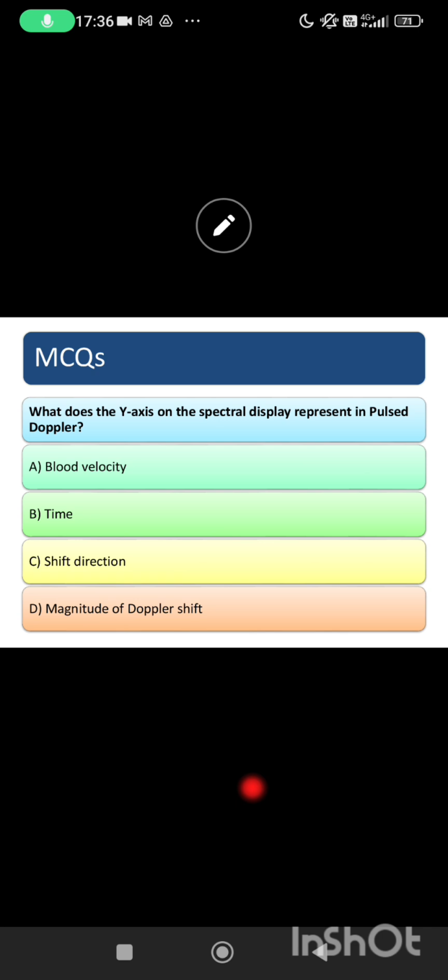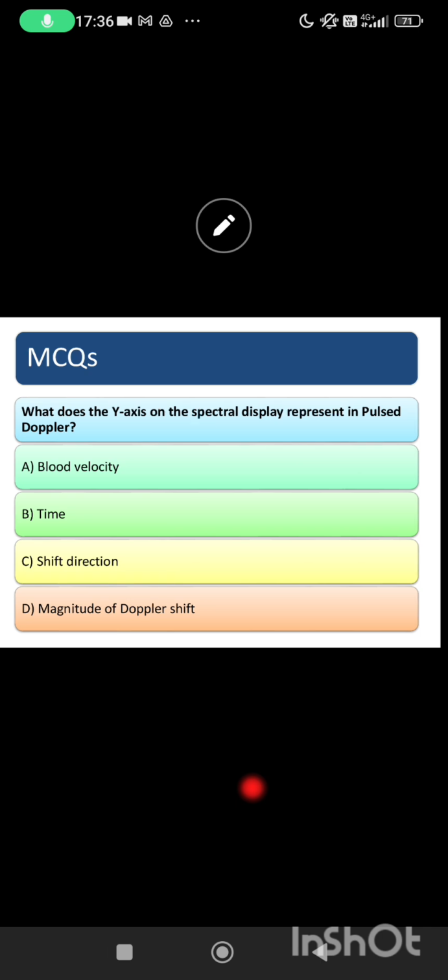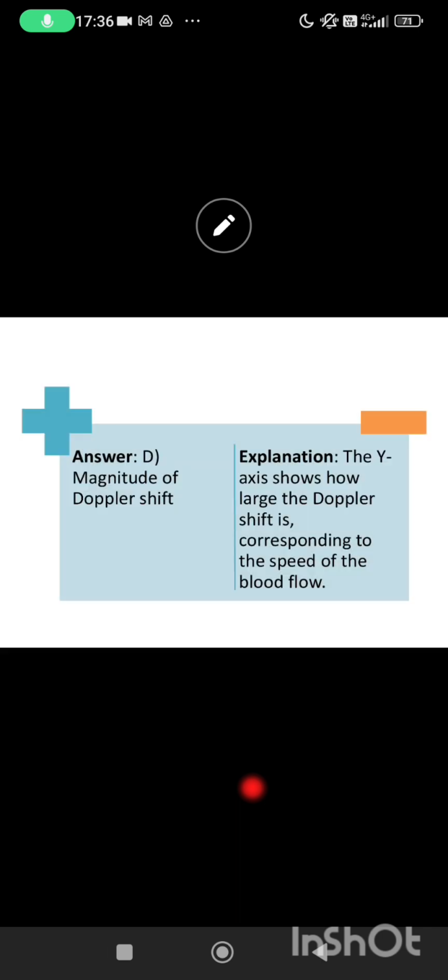So if there is magnitude of Doppler shift in our option, then we will pick magnitude of the Doppler shift. If there is only velocity in the option, then we will go with the velocity. Okay? Because magnitude of the shift depends on the velocity, one factor, and also on the angle. So the right word is the magnitude.